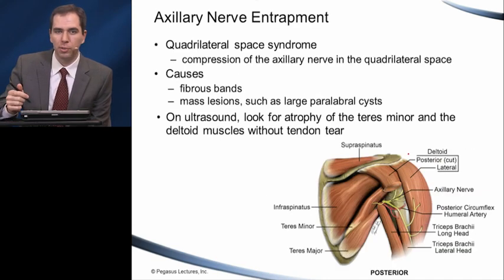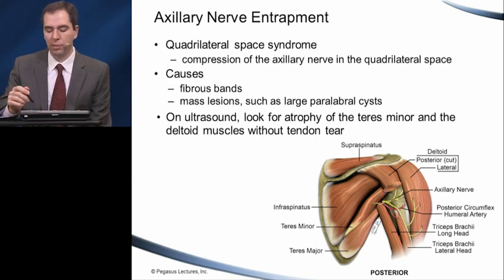In quadrilateral space syndrome, the axillary nerve becomes compressed or stretched as it goes through the quadrilateral space. The most common cause of quadrilateral space syndrome is what are thought to be fibrous bands, which can only be identified at surgery and are not visible with imaging. You can have mass lesions such as a very large paralabral cyst that extends down from the glenoid to the axillary nerve, but that's uncommon.